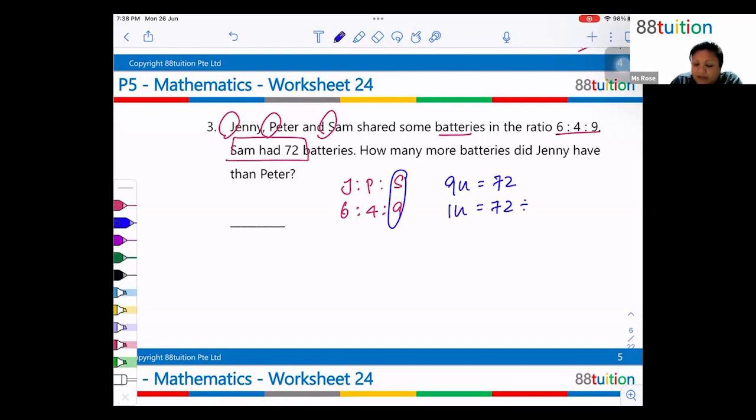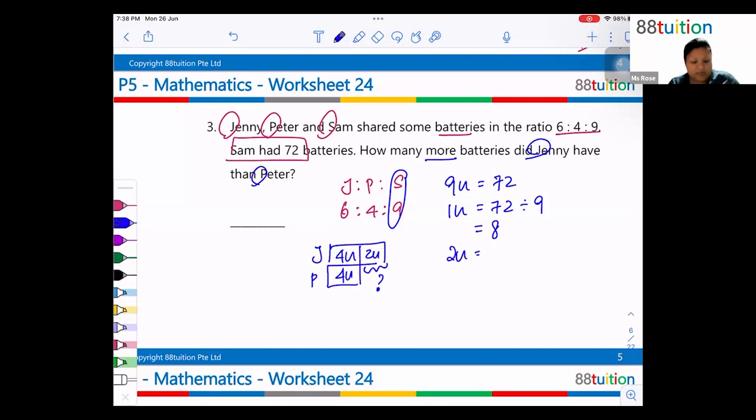From here, I can find the value of 1 unit, which is 8. So how many more batteries did Jenny have than Peter? I'm comparing between Jenny and Peter. So Peter has 4 units and Jenny has 6 units. How many more? This is what you're looking for. So you're looking for 2 units, which is 2 times 8 to give me 16. Okay, all right. The answer is 16.